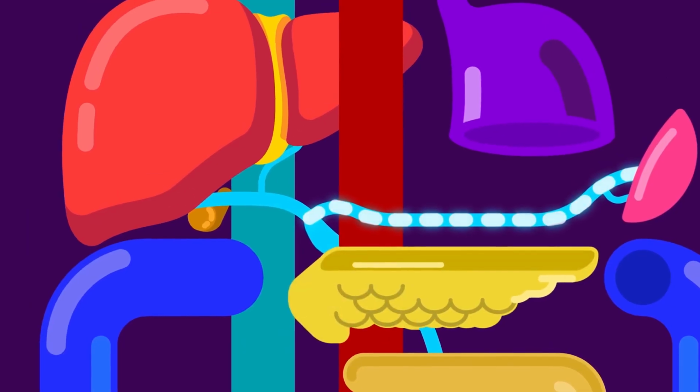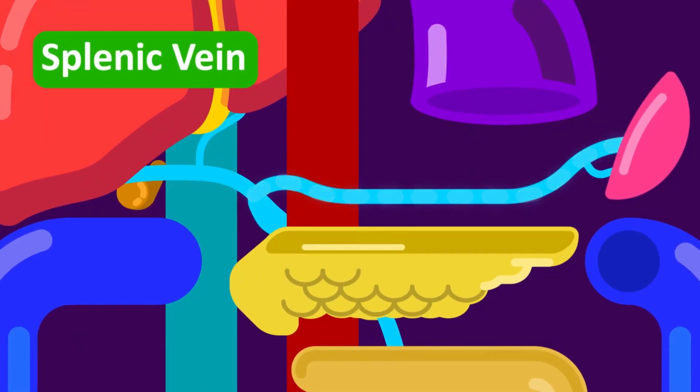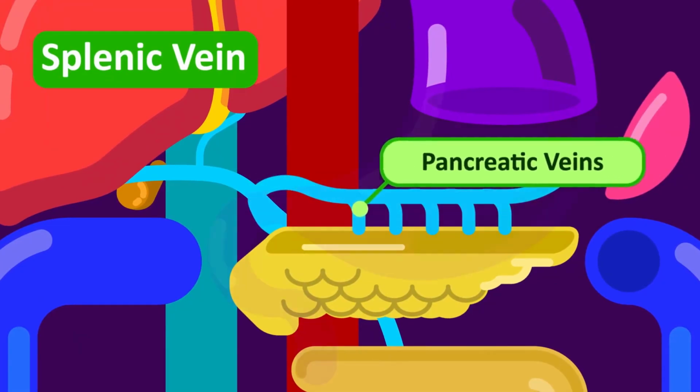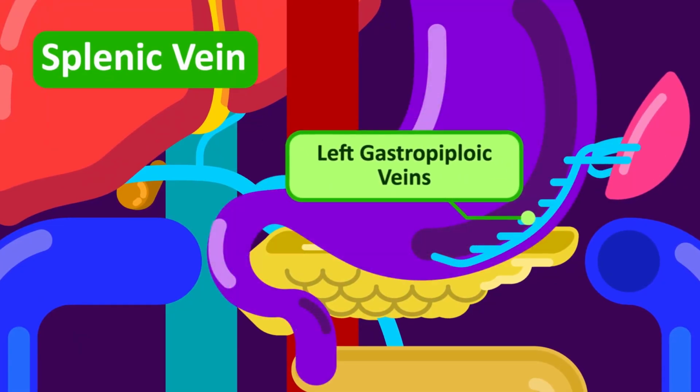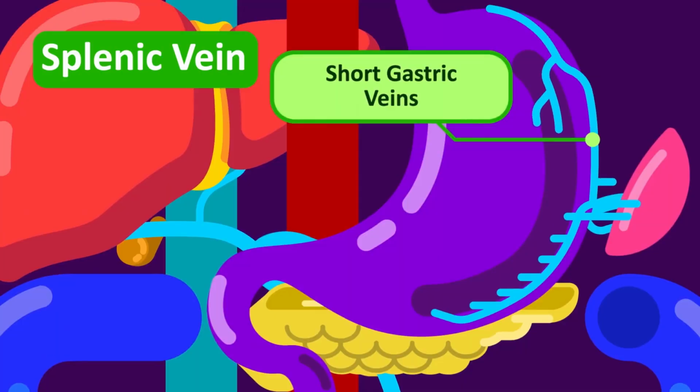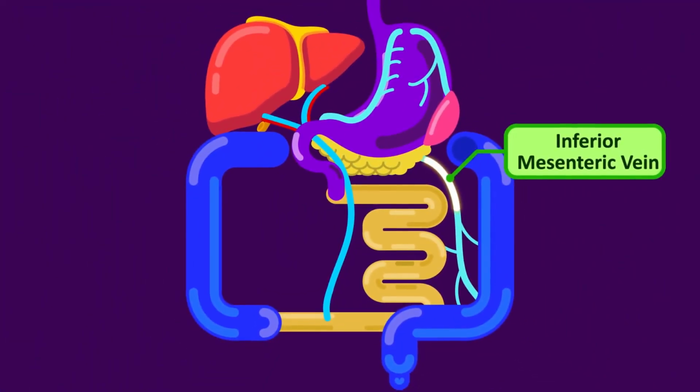The veins that contribute to the splenic vein include the pancreatic veins, the left gastroepiploic vein, the short gastric veins, and the inferior mesenteric vein with its branches.